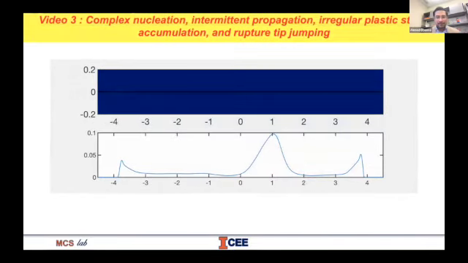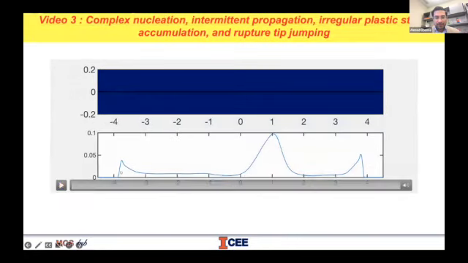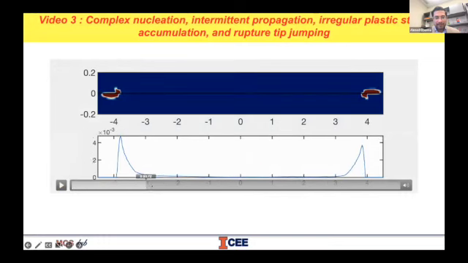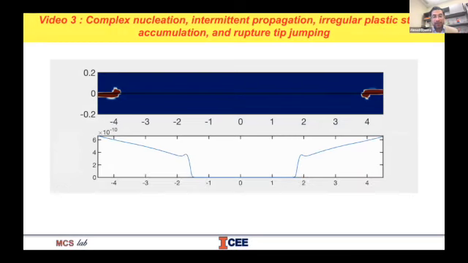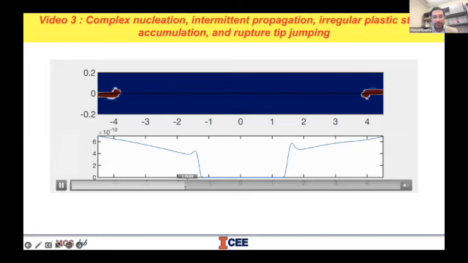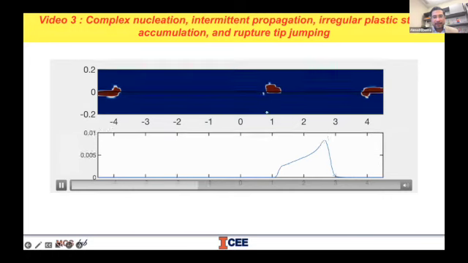And then finally, I would like to show you this video that is quite long, but I'll try to accelerate it because I want to emphasize here how plasticity could also lead to intermittent nucleation and event propagation. So let me just start here and look at the plastic strain accumulation as the slip rate below is advancing.